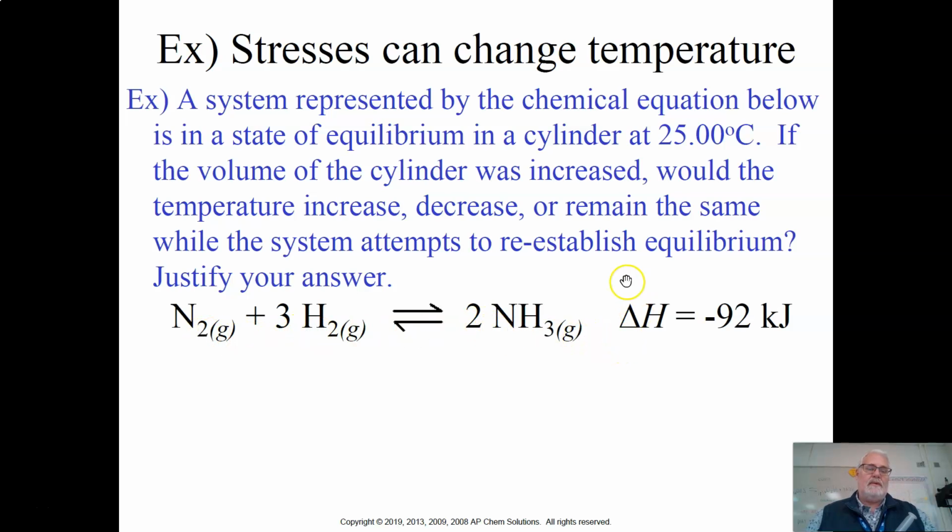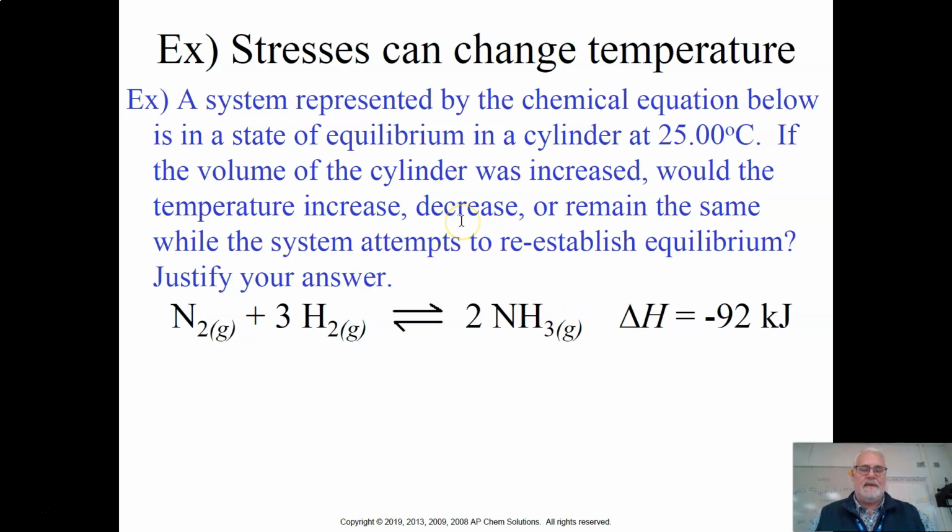So when you increase the volume of this system, it's like a spring bouncing back. It goes back to having more nitrogen and hydrogen. So remember, the heat is over here as a product, so you're taking away heat as you go, and you had to know which side the heat was on, because when you're driving this left, the heat is going down, and a decrease in heat most times involves a decrease in temperature as well.